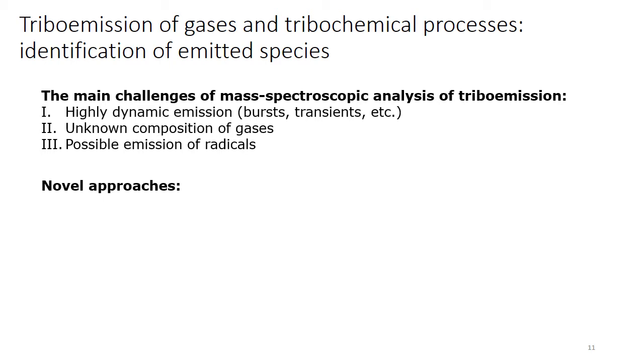By measuring ions with different masses consecutively, as usually all mass spectrometers do, you can lose information about the dynamic process, because when you start measuring, the process has some feature, and when you end measuring, some burst can appear.